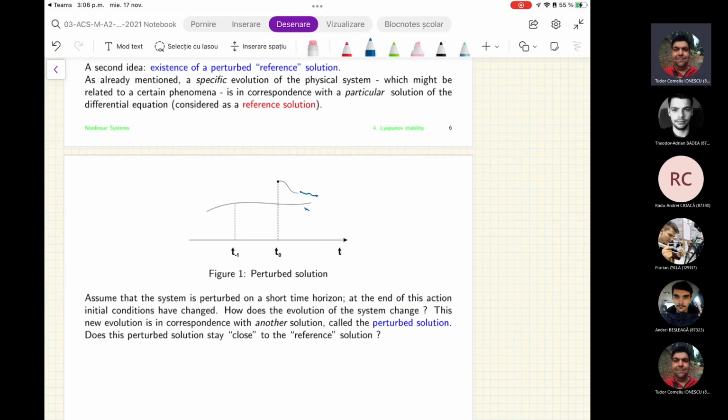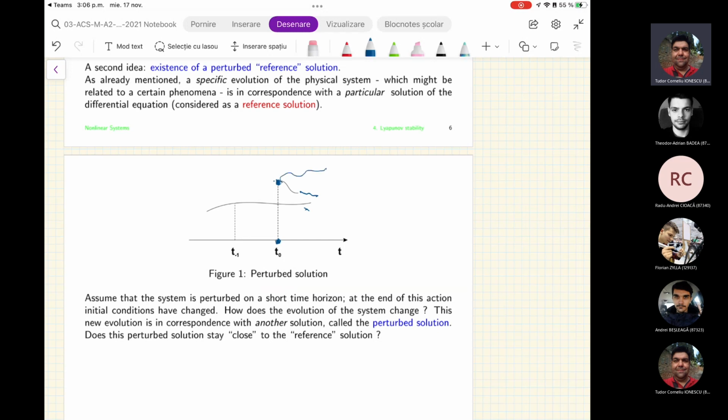You see here, T0 is about the initial conditions. So this is the reference solution. You compute it for the whole time domain, mathematically. And at T0, the initial conditions change, and you have this perturbed solution now.